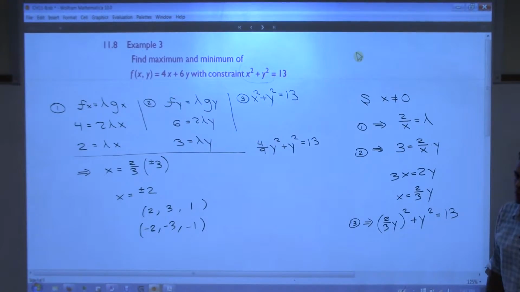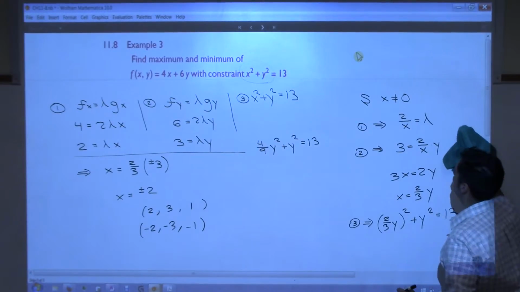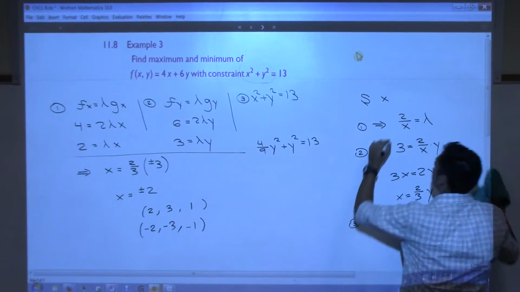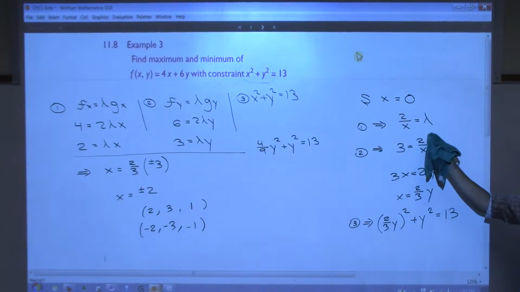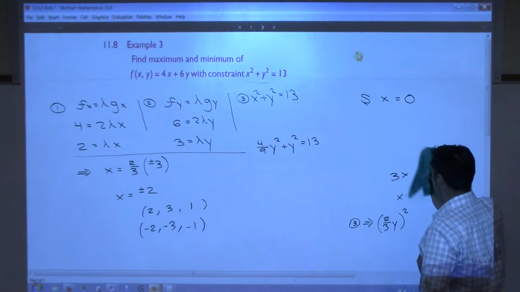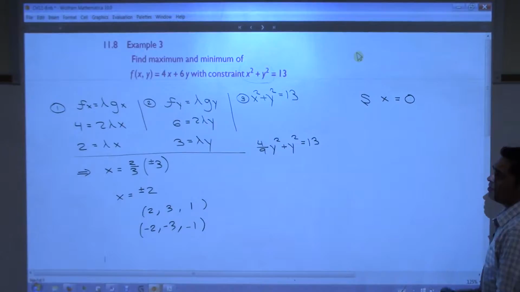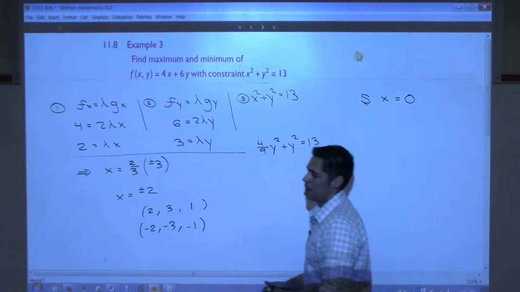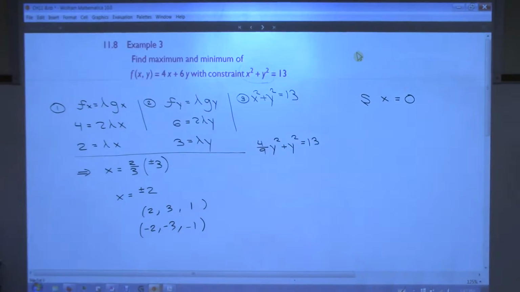What should we look at next? What if x is 0? We never looked at that, did we? Okay. So let me change this. Suppose x is 0. Now you can't solve for lambda, can you? If x is 0, what can you tell me? y squared equals 13, right?